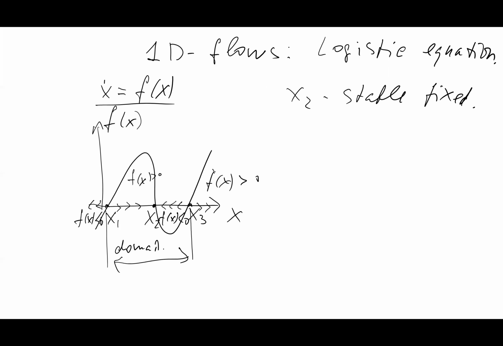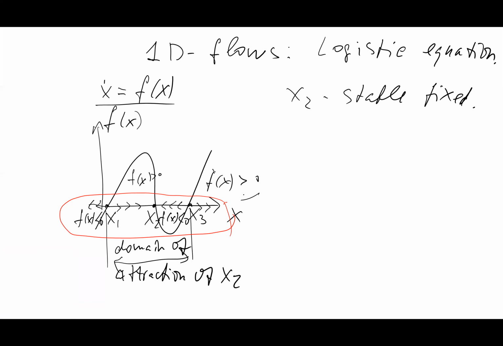The domain of attraction of x2 is all of this line. It represents a range of possible values of x, and it also illustrates the dynamics of solutions, what kind of orbits or solutions we can expect here.